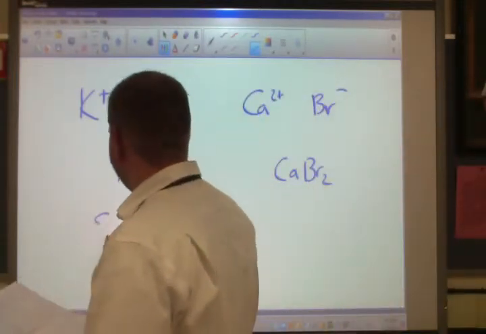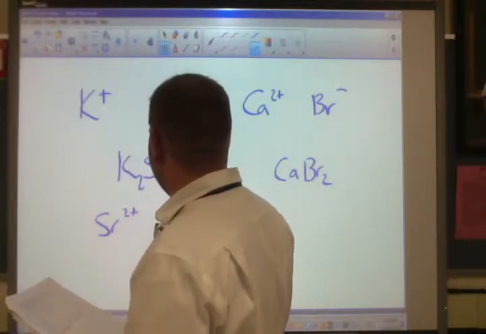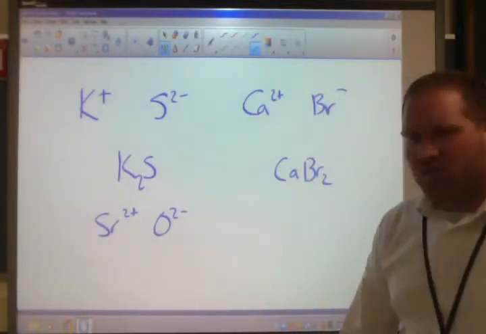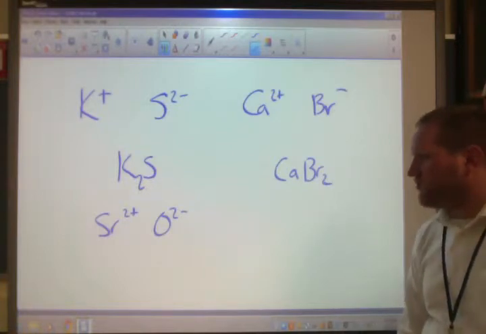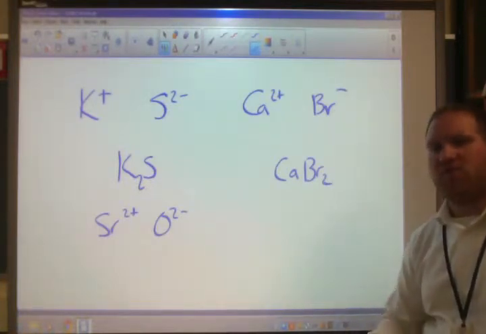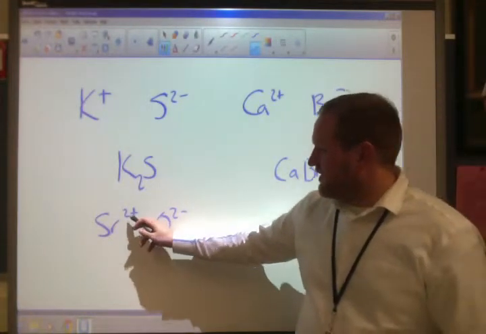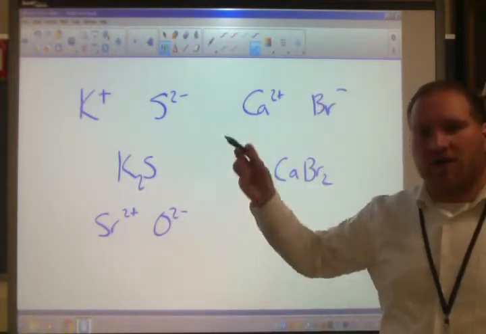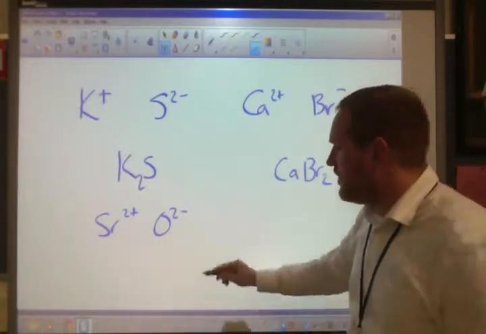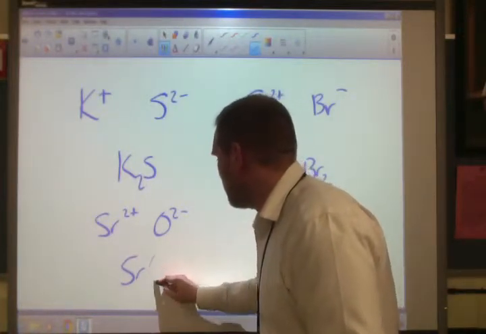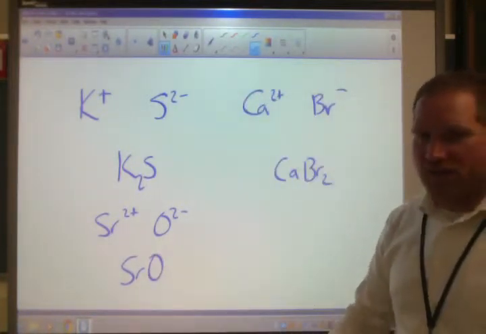Strontium and oxygen, Sr2+, O2-. By the crisscross rule, you would call it Sr2O2, but you're going to want to simplify that into just SrO. In other words, you can see a 2+ and a 2-, those are just going to come together in a nice 1-to-1 ratio, so we get SrO. You don't want to write Sr2O2.